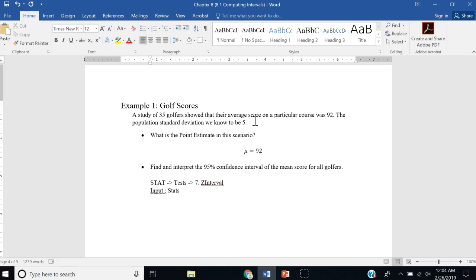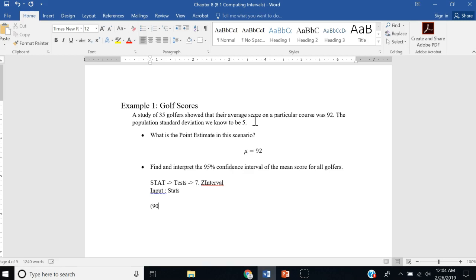Actually, I'm not going to write down all the plugins, but population standard deviation is 5. Your sample average is 92. Your sample size is 35, and then it should say C-level, and you can just put 95. Turns out you can put 95 or 0.95. The calculator will recognize either the percentage or the decimal value.